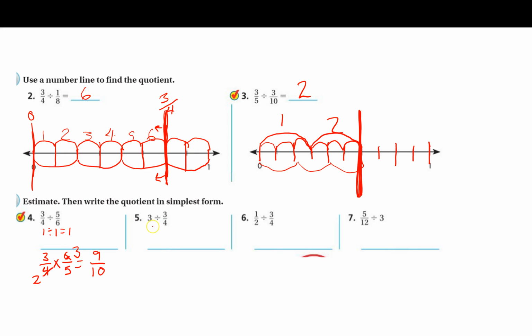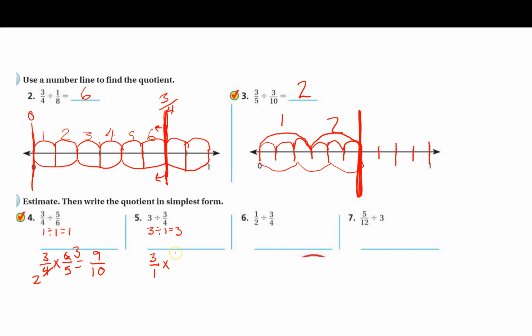All right, over here we have 3 divided by 3/4. That's close to 1, so I know my estimate is going to be about 3. And let's use copy, change, flip again. Copy the first number, but I'm going to change it to a fraction. So 3/1 is equivalent to 3.